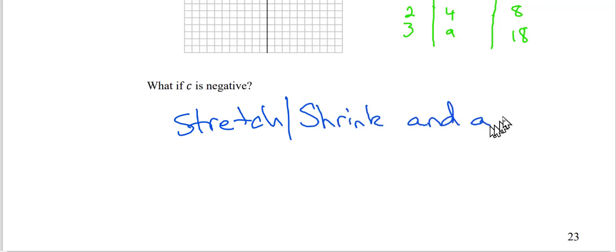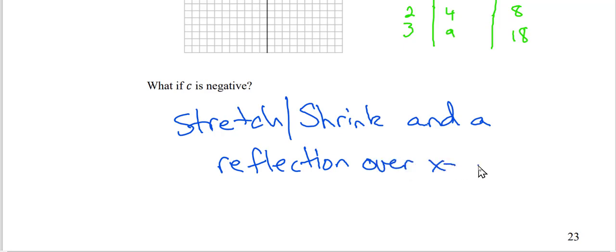And a reflection. Because it's on the outside, it's a reflection over the x-axis. That negative on the outside gives that reflection over the x-axis.